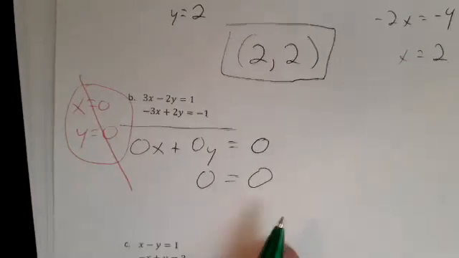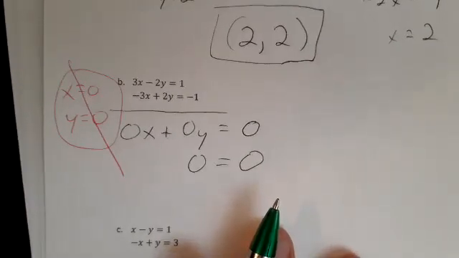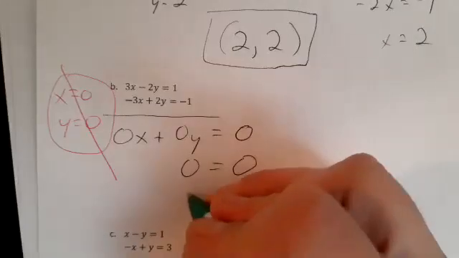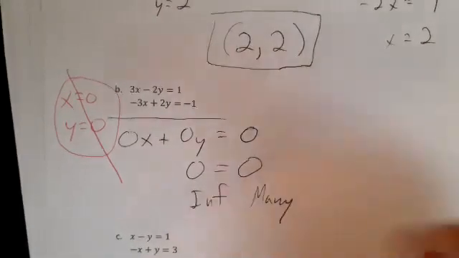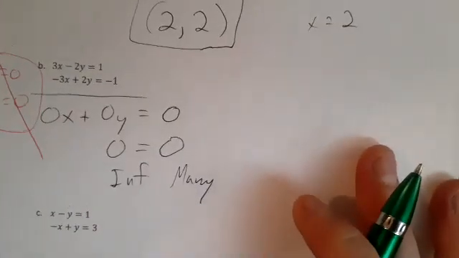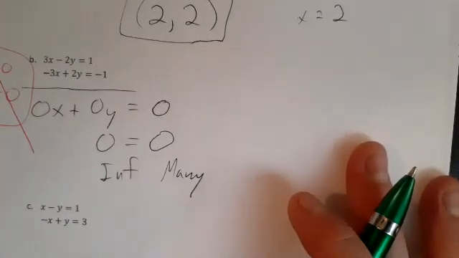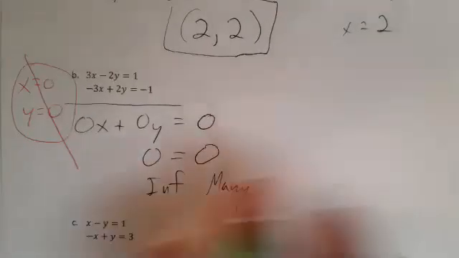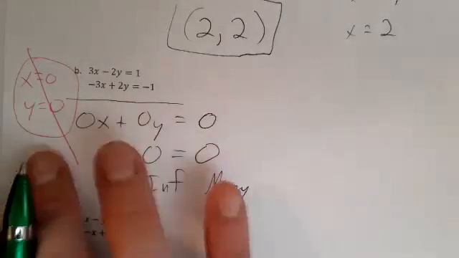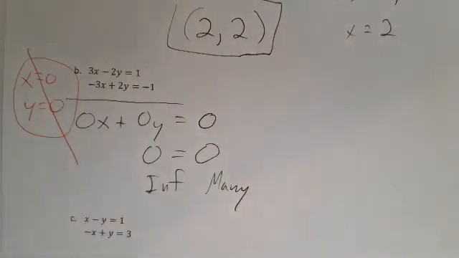0 equals 0. That's a true statement, which means there's how many solutions? We've talked about it. There are infinitely many solutions, is what this means. Don't try to tell me one of the variables is equal to 0. I want you to make this distinction at some point if you want to get a decent grade, probably.